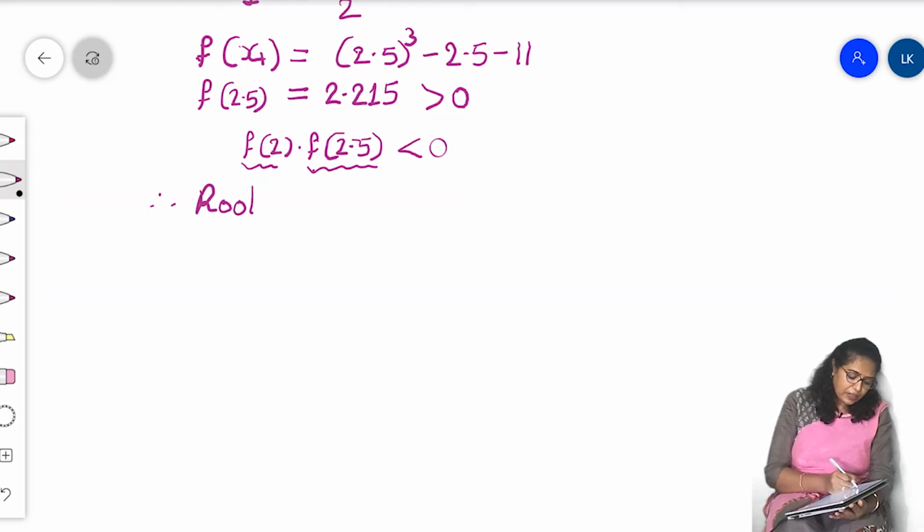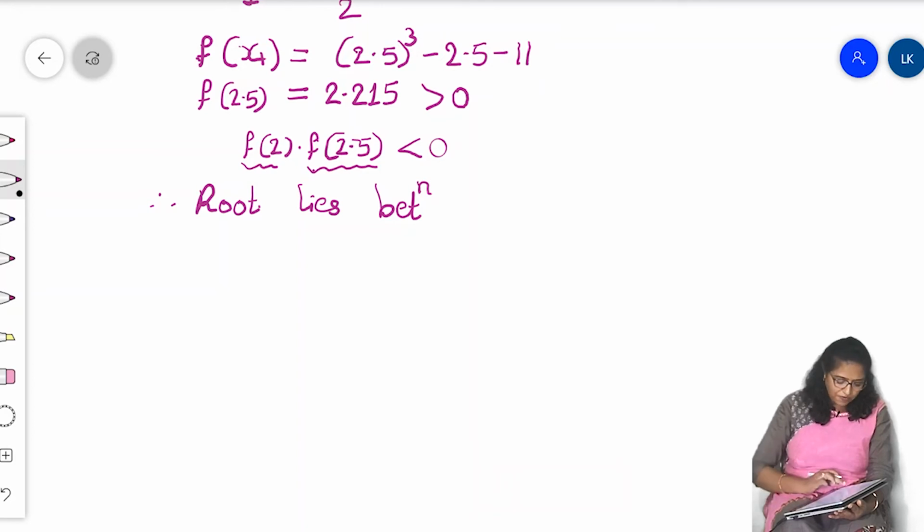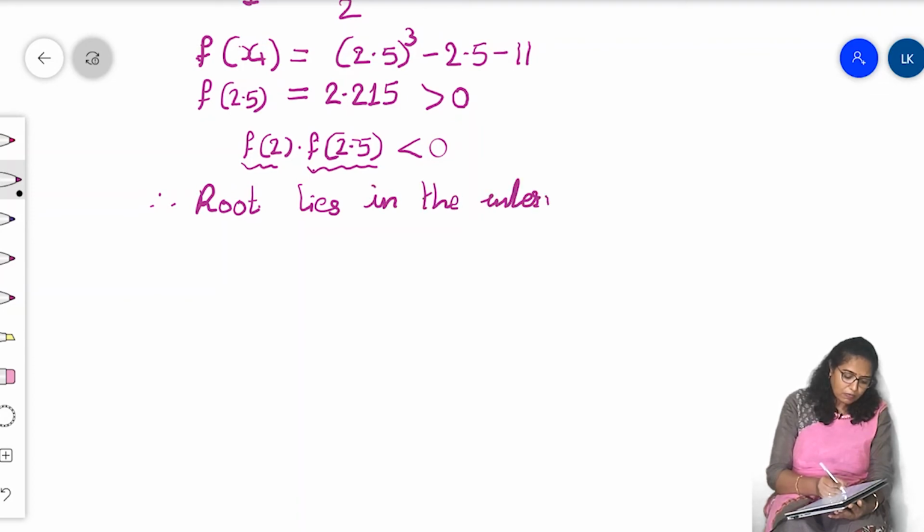We say that root lies between 2 and 2.5, or we can write root lies in the interval 2 to 2.5.